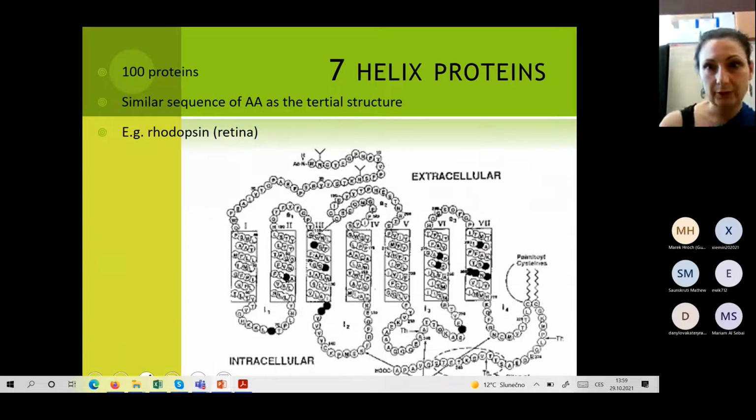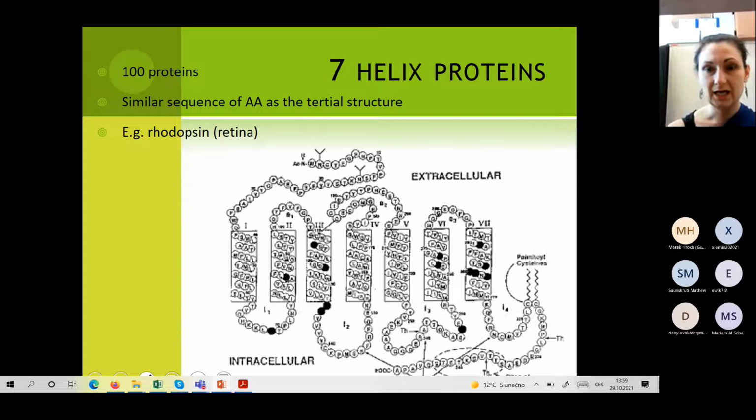This is just an example of an integral membrane protein. You may see that usually it's some complicated structure. In this case, this is rhodopsin, which is present in the retina, and this protein is responsible for visual perception. It recognizes the photons which are just dropping onto our retina.